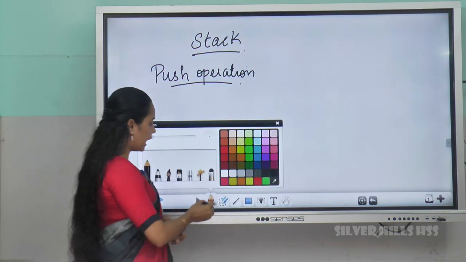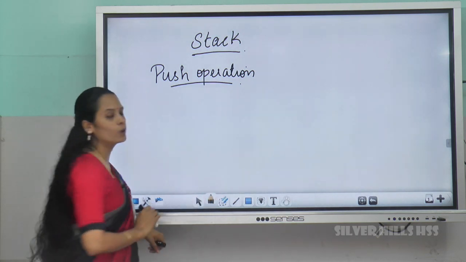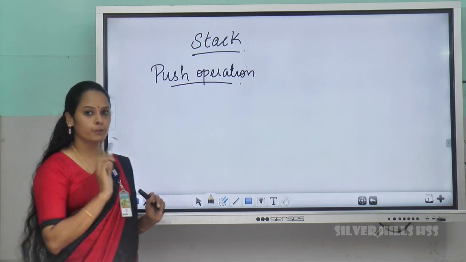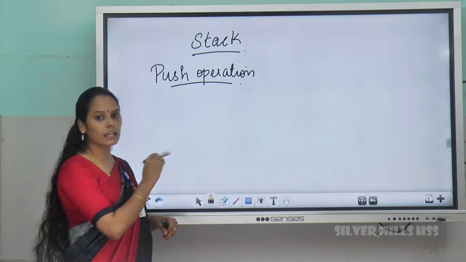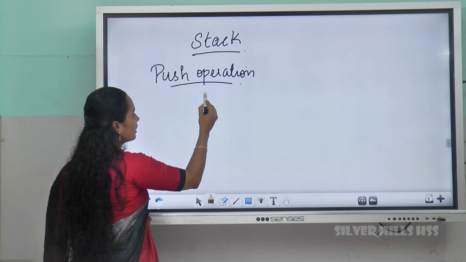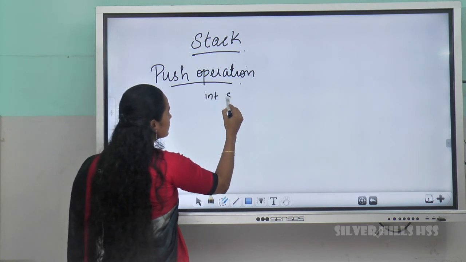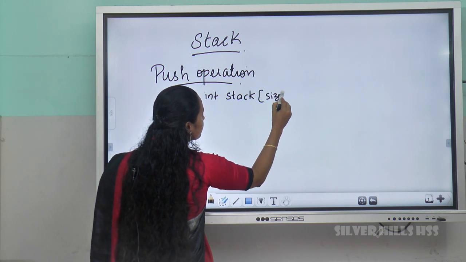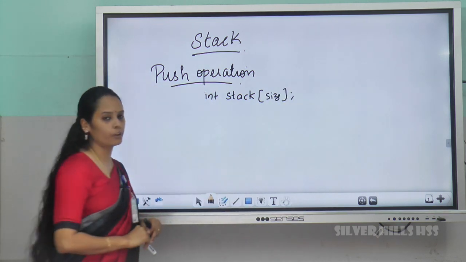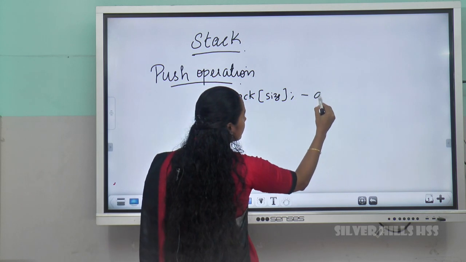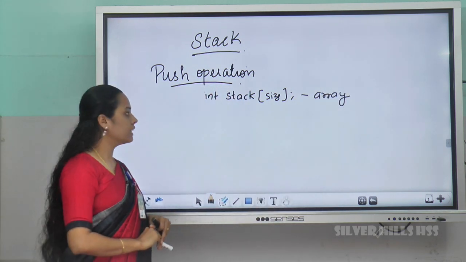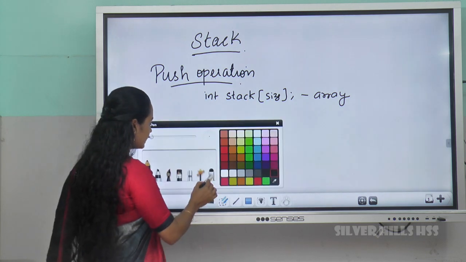Okay, to perform the algorithm of push operation, what all things are required? I told you we can implement the stack using arrays. So of course we need an array here, and the name of that array is int stack of size, and size you can give any number as you wish. This is the array to implement the concept of stack, and then we have to specify the size there.